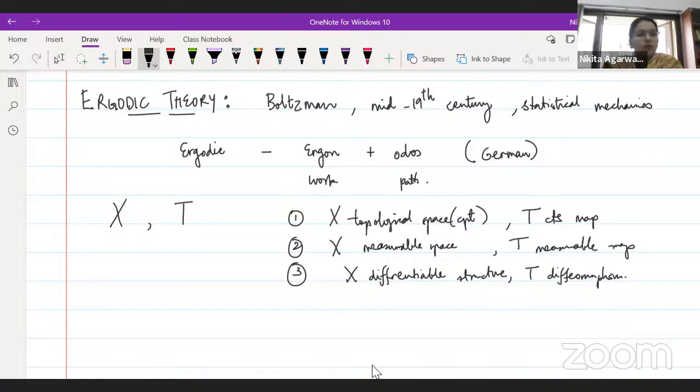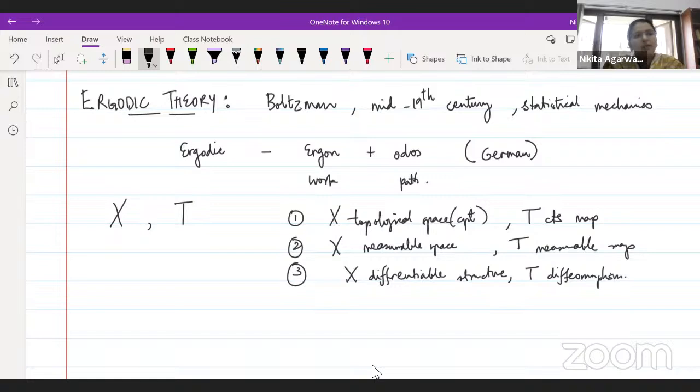So if it is a topological space, you talk about continuous maps or homeomorphisms depending upon the structure of the map. Or if you have a measure space, then you talk about a measurable map. And if you have a differentiable structure, then you have a diffeomorphism on the space. Okay. So that depends on what the problem is.